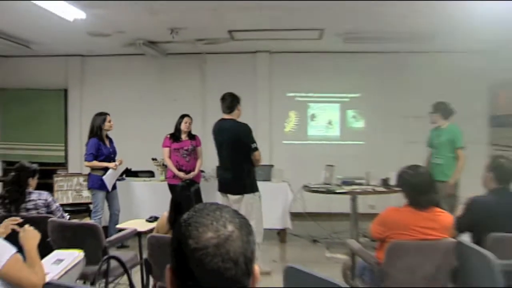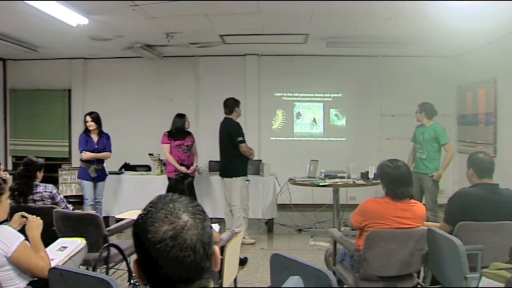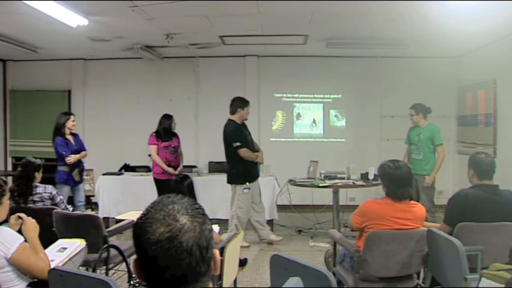We think to construct a project of building a course, and the title is "Learn to Live with Poisonous Insects and Spiders." It's a practical and theoretical course that we think to develop in the INBio park.